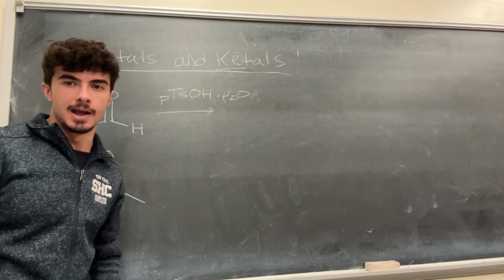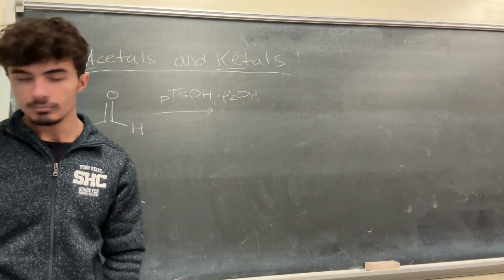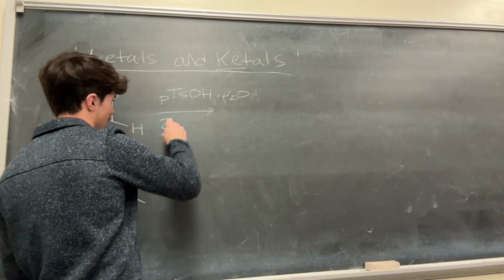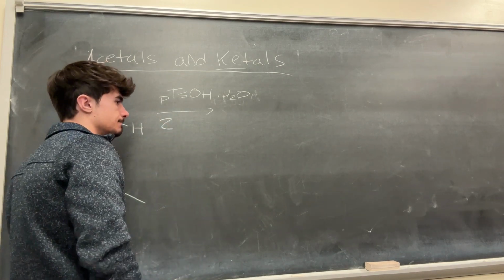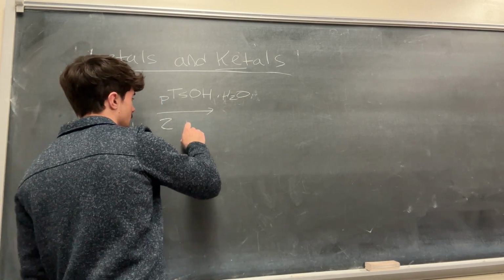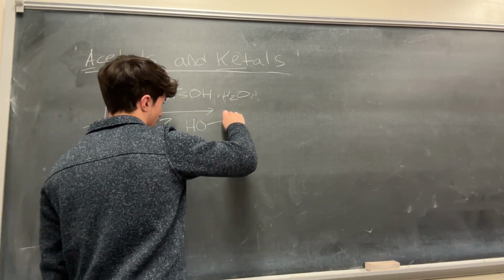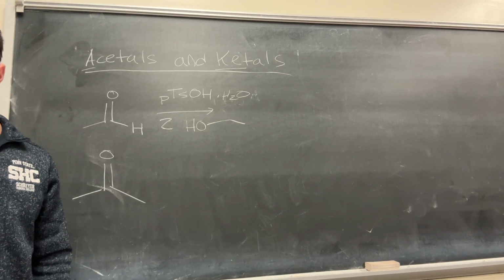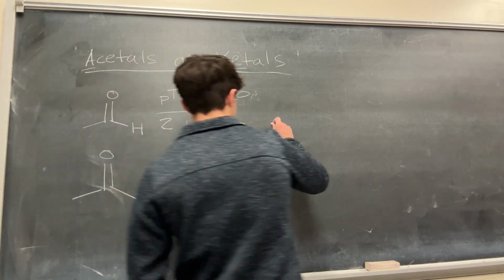I use this in my lab over the summer, as well as two equivalents of the alkoxide that you want to add on. So the alcohol form of that, here we use two equivalents of ethanol, and this will form the acetal.